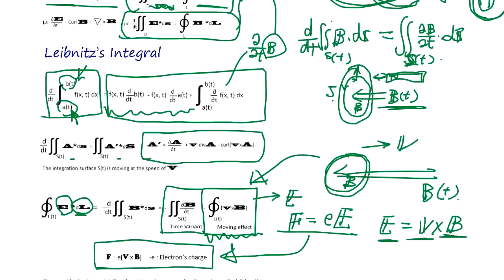So here you go. We just calculate the Coulomb's force for the electron moving inside a B at the speed V, and that's the meaning of Lorentz force.